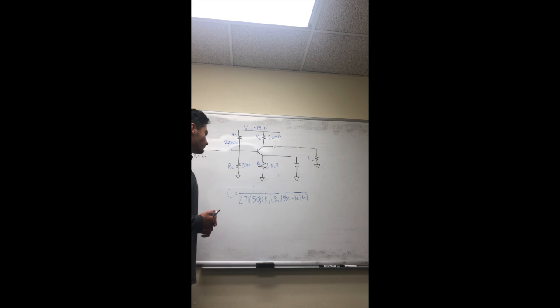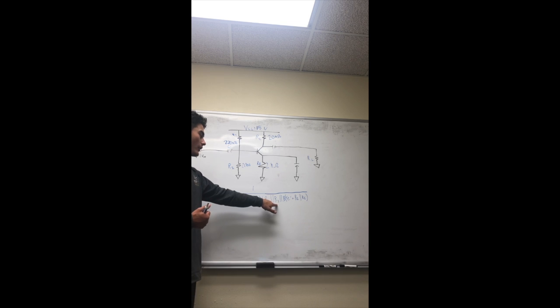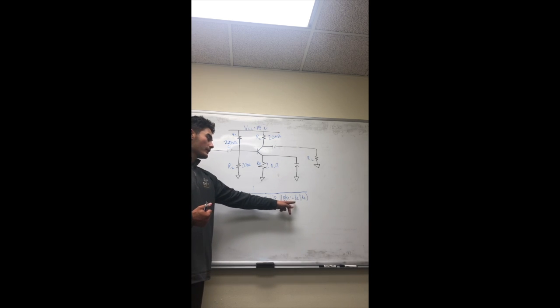Okay. So for solving for C1, we use the cutoff frequency equation, and that is just 1 over 2 pi times 50 hertz times R1 in parallel with R2 in parallel with the base impedance, and that's equal to beta times RE prime plus RE parallel with RE.